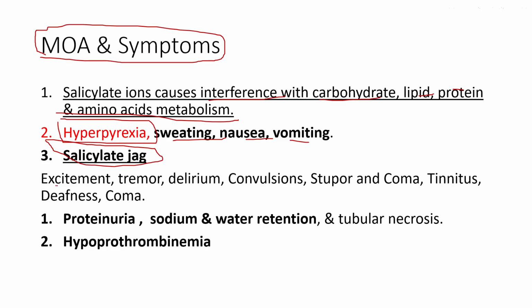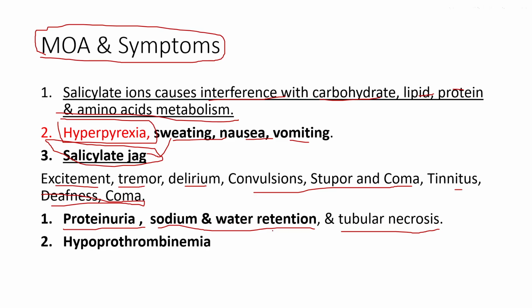These are excitement, tremor, delirium, convulsion, stupor, coma, tinnitus, and deafness. These are all signs and symptoms, and very high doses might lead to salicylate jag. It also leads to proteinuria, sodium and water retention, tubular necrosis, and hypoproteinemia. This is very important.